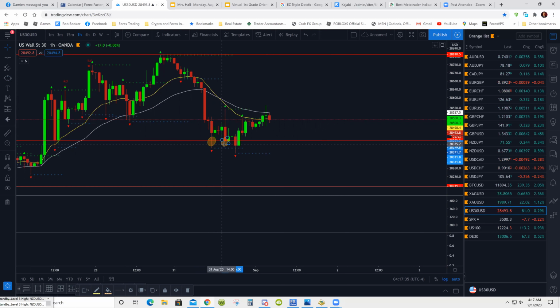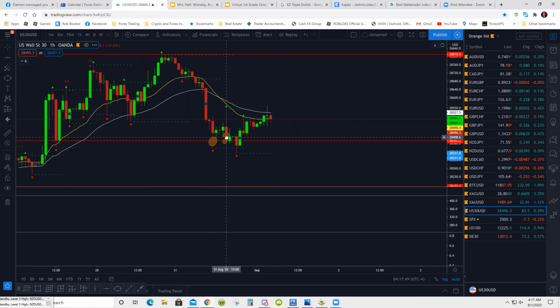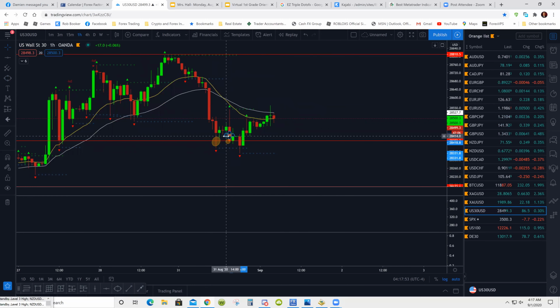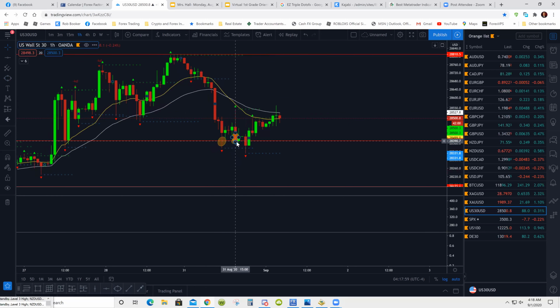I'm marking it up. I'm trying to show you guys something. These are all rejection points. Anytime you see something like this, that's telling you something. It's telling you a story, and you want to be able to understand what story this chart is trying to tell you. What's the market trying to tell me here?